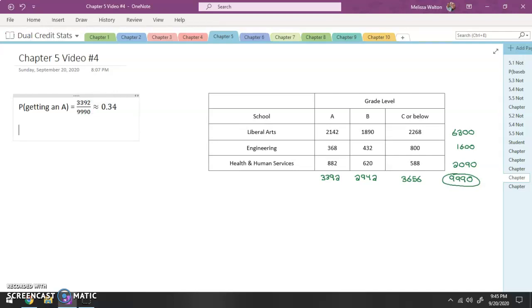Now I'm going to calculate a separate probability. Probability of getting an A given that you are an engineering student. This is a new notation. Whenever you see this bar, this is a conditional probability. What I want to know is what is the probability that I get an A given that I am in an engineering course? So for this, my denominator, I am not looking out of my 9,990 overall courses.